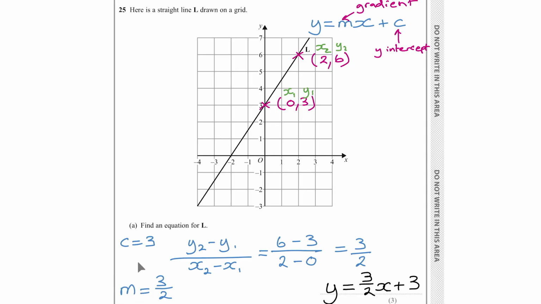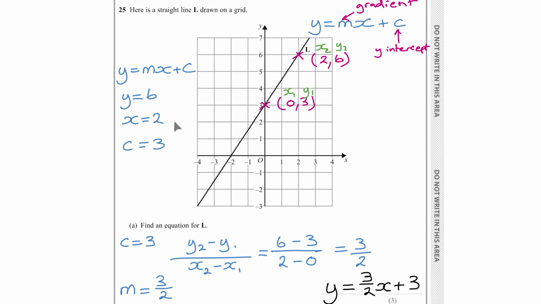Now, I said there was one other way you could have done this, and that was if you picked a point on the graph. So pick a coordinate. If we use the second coordinate, the x2 and y2, if we use those two values, you could put those into an equation. So I'll show you. I've not got much working out space, so let's do this over here. We have y equals mx plus c. So we would say y equals 6. See it? There is a 6 there. x equals, let's use 2. And c equals 3.